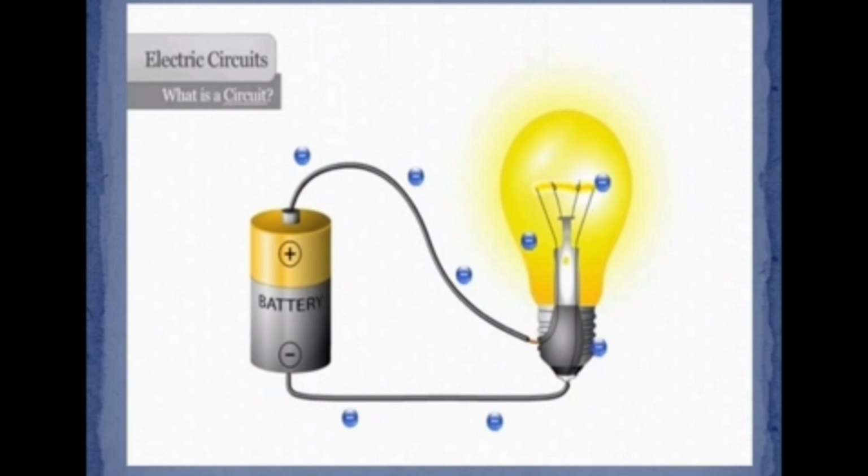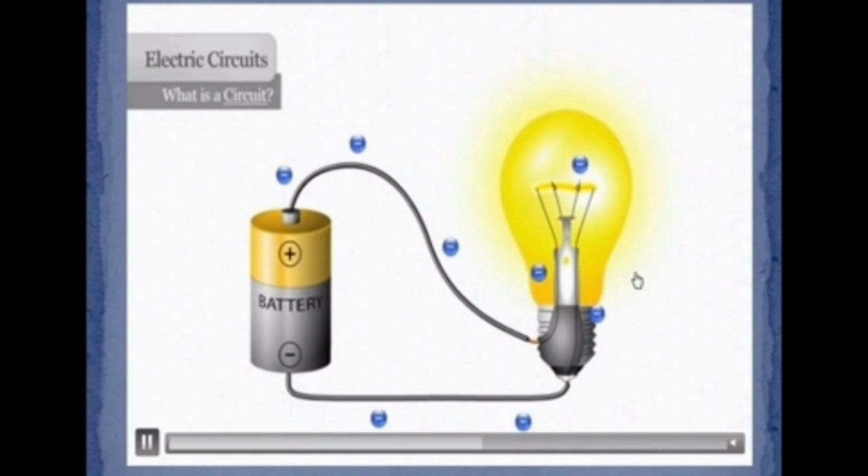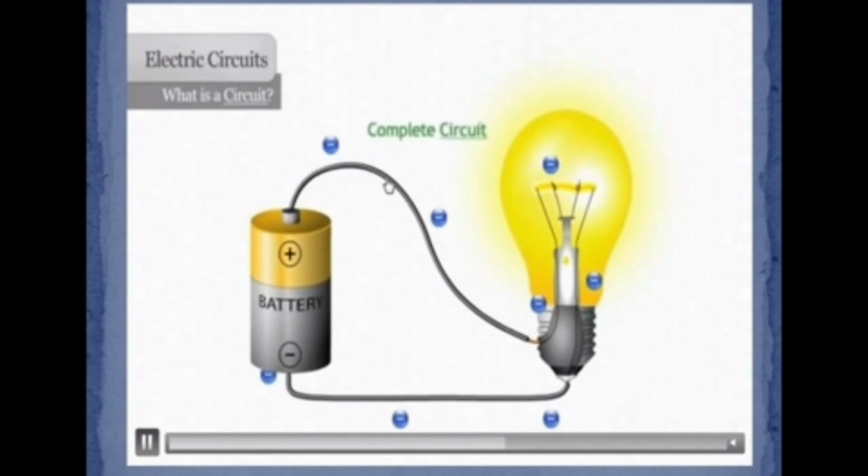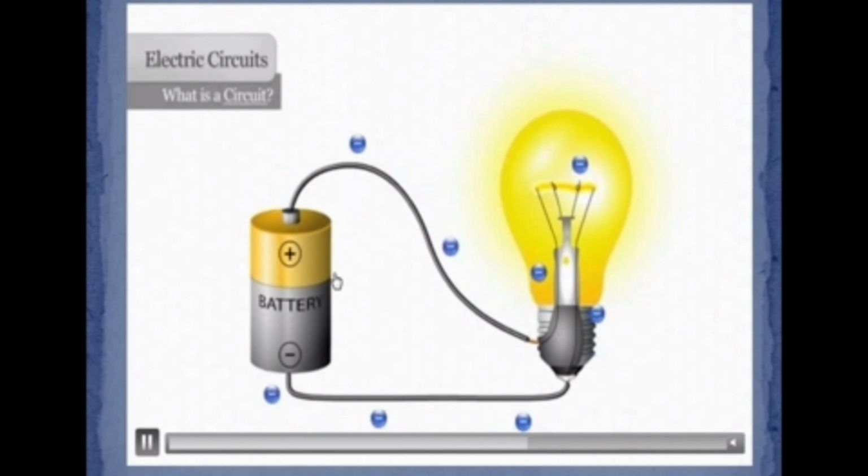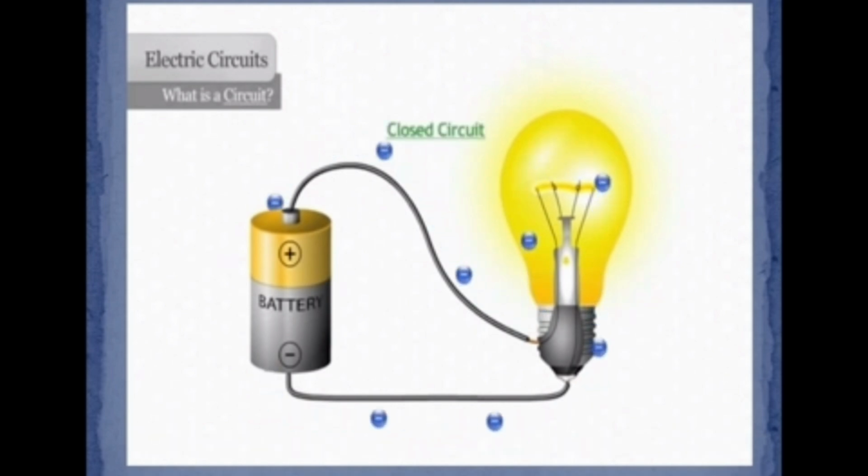Okay, so this is called conventional current. Electrons flow from the negative terminal to the positive terminal. This is a closed circuit, but conventional current indicates the direction from here to here. Once the circuit is completed, the charges can flow from one terminal to the other. That's called a closed circuit. Here it is not an open circuit.